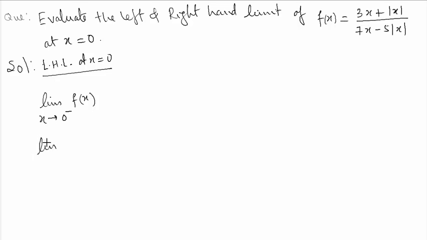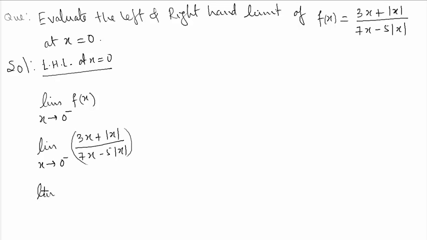At this place we need to write this. So limit x tending to 0 minus f(x) would be 3x plus mod x upon 7x minus 5 mod x. This is the left hand limit. Now again, as you can see, this is behaving like a domain. x is the variable here, so x is less than 0. When x is less than 0, this is negative, so mod x will be replaced by minus x.